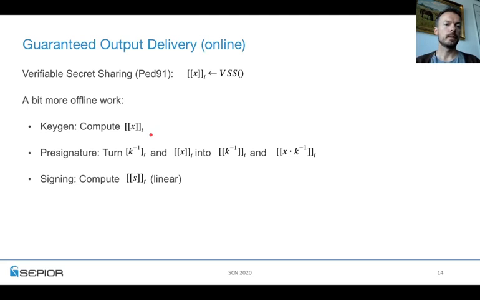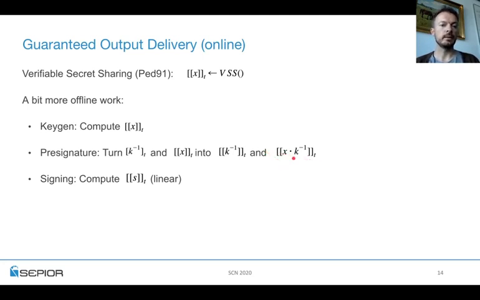And in the pre-signature phase, the idea is to do as before, to get this sharing of, it's a regular Shamir sharing of the nonce inverted. And the idea is to take that and this verifiable secret sharing of X and then turn it into a verifiable secret sharing of K inverse and a verifiable sharing of X times K inverse.